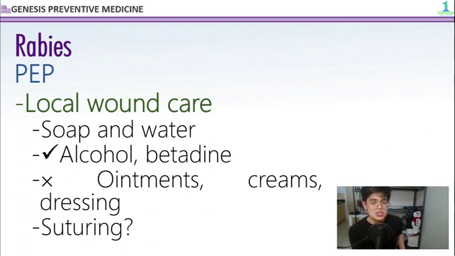The answer is no, because similar to dressing, suturing will favor further inoculation of the virus into the bodily tissue, the muscle tissue. But in cases wherein the bite site is very deep and massive bleeding needs to be stopped, and hemostasis must be achieved, then suturing may be done.